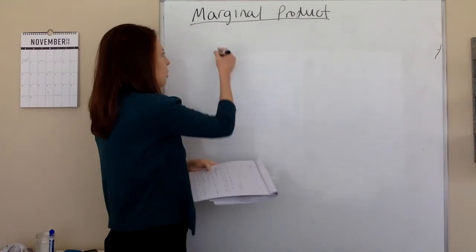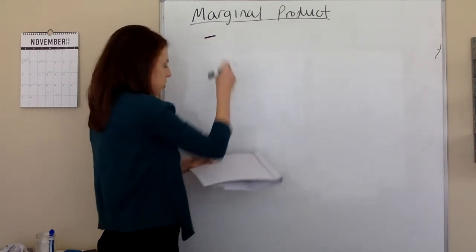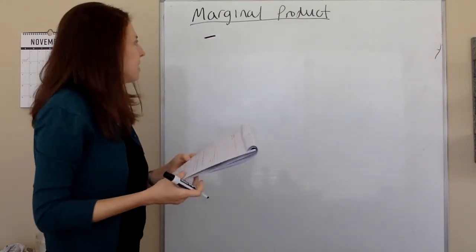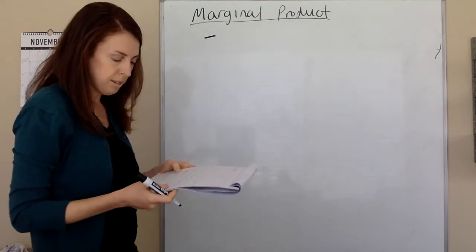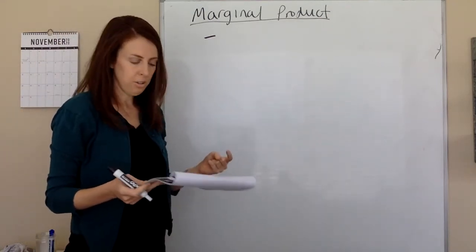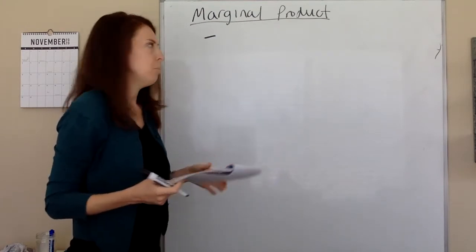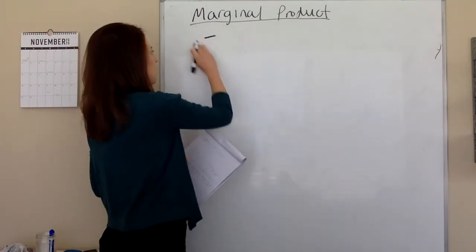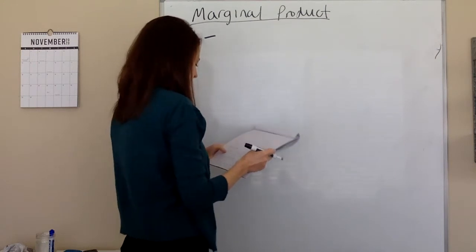Okay, so in words, the marginal product is the increase in output that arises from one additional unit of input. Let's write it, and then I'll show you how this looks.